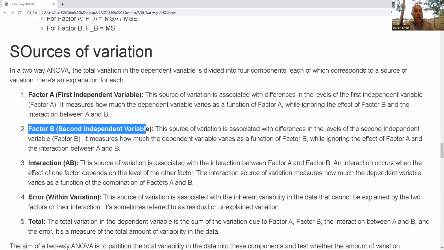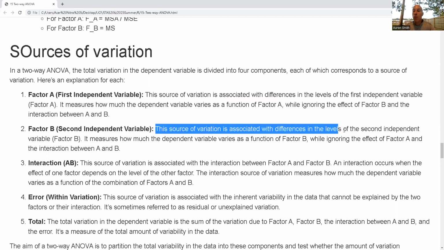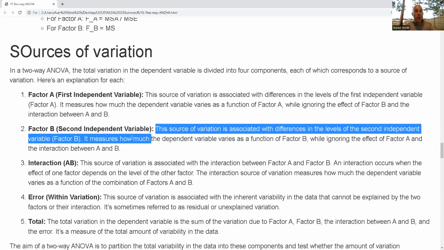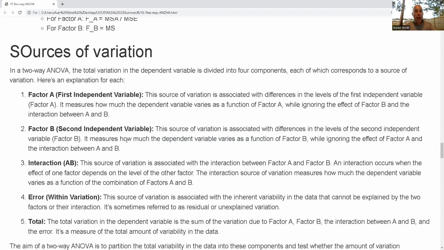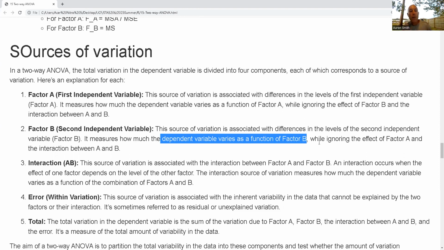For factor B, the second independent variable, this source of variation is associated with the difference in the levels of the second independent variable, and it measures how much the dependent variable varies as a function of factor B, while ignoring the effects of the first independent variable and interaction.